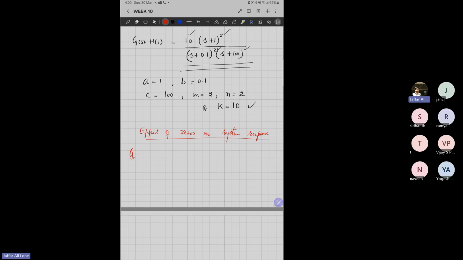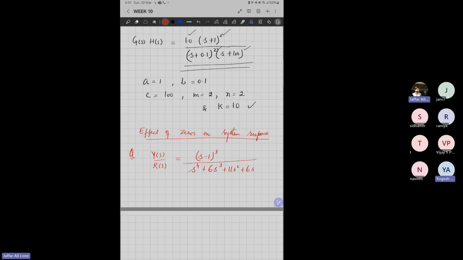So now let's consider this question. We are given a closed loop transfer function Y(s) over R(s), given as (s minus 1) whole cube divided by s to the power 4 plus 6s cube plus 11s square plus 6s.